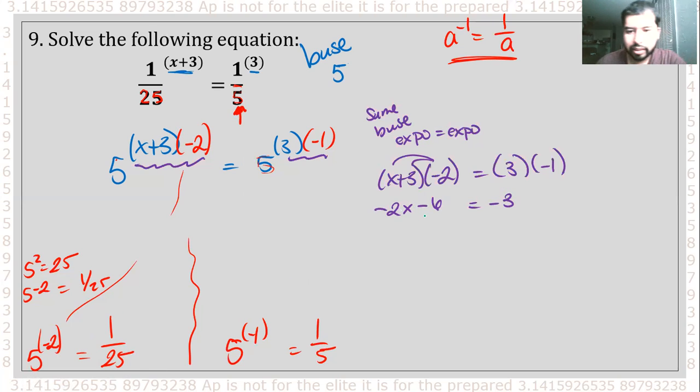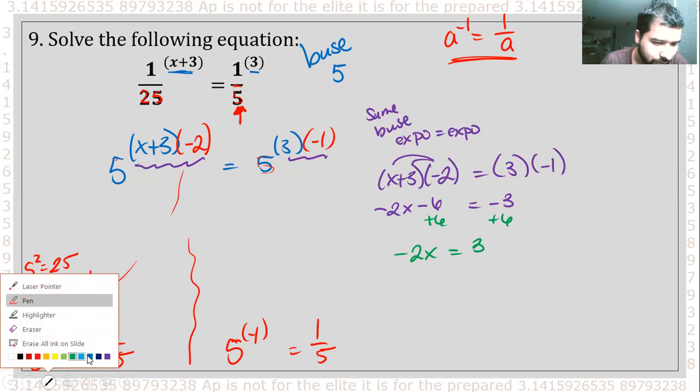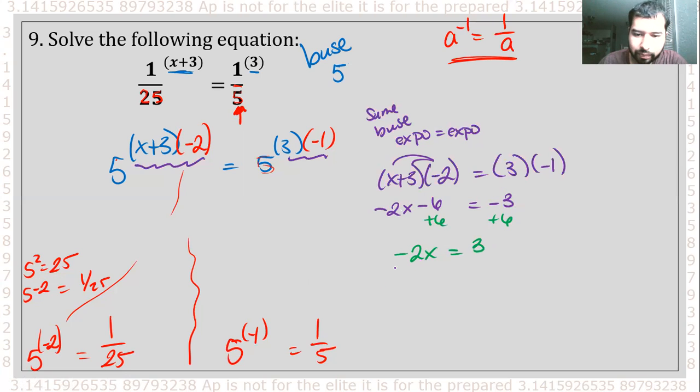I add my 6, and I'm left with negative 2x is equal to negative 3 plus positive 6, so it's going to be 3. All I have to do now is get rid of that multiplication by negative 2, so I'm going to divide by negative 2 on both sides. So x is equal to 3 over negative 2, or negative 3/2.